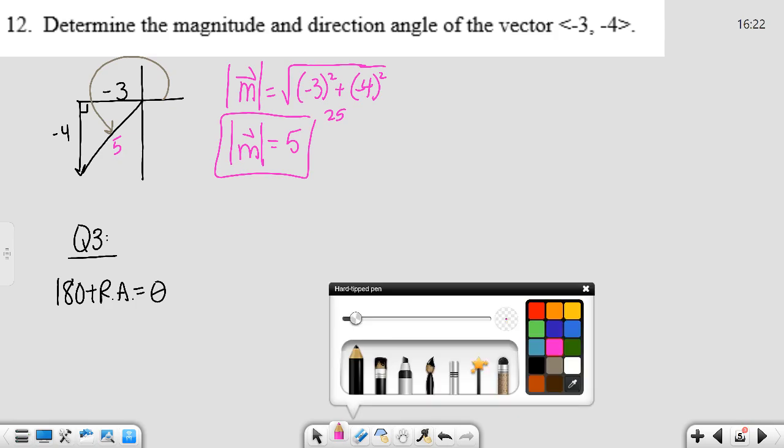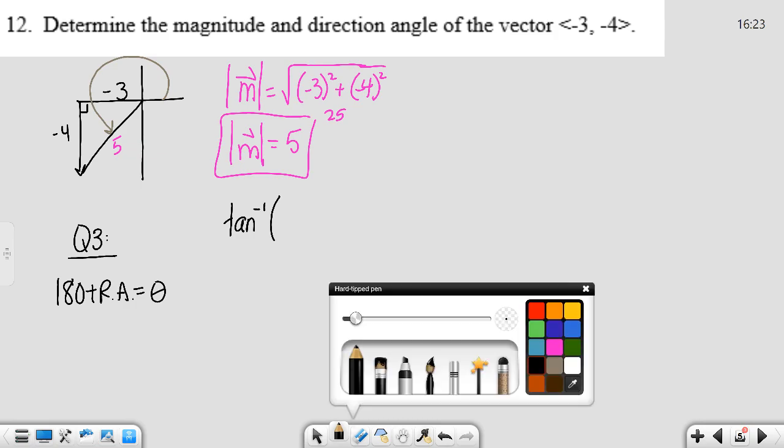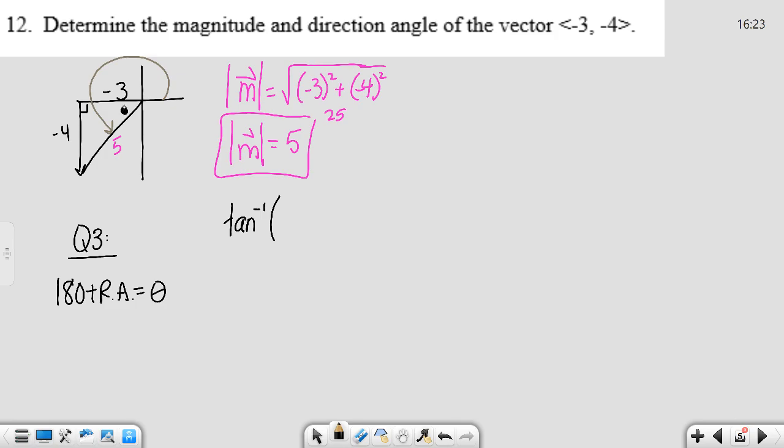Finding our angle. Again, because we are in quadrant 3, when we do tangent inverse of our ratio, remember, we're only finding this little angle here. That's the reference angle. So tangent inverse would be -4 over -3, which is +4/3.